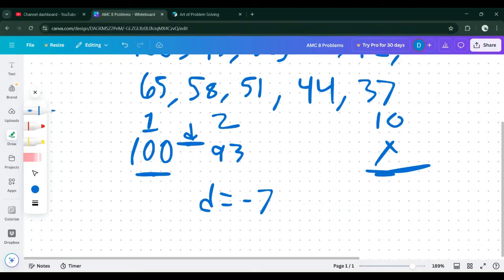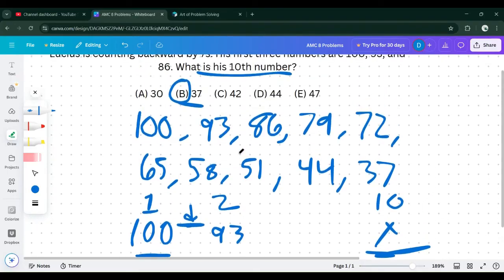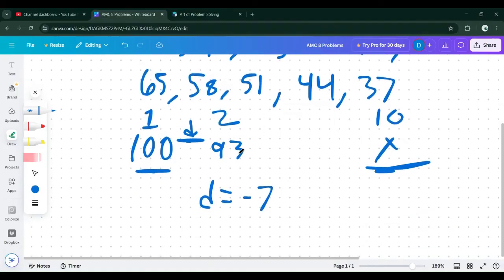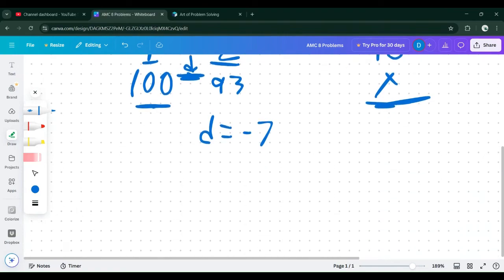Between 1 and 2, there's one difference, and between 1 and 10, there should be 9 differences, because 2 minus 1 is 1, and 10 minus 1 is 9, so there should be 9 differences for it to be parallel.